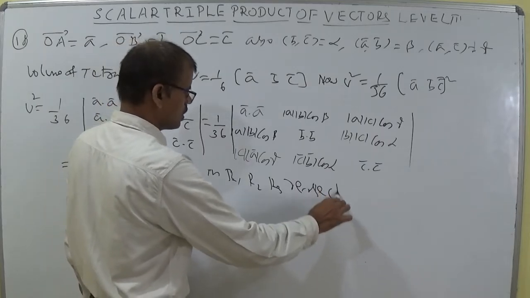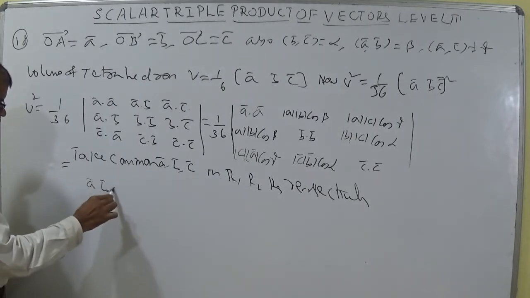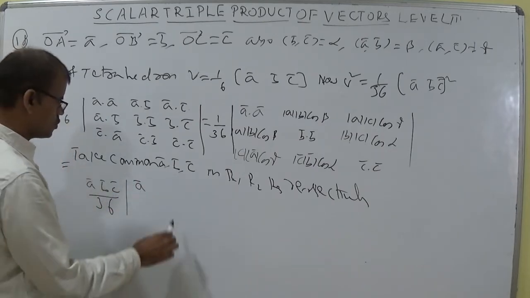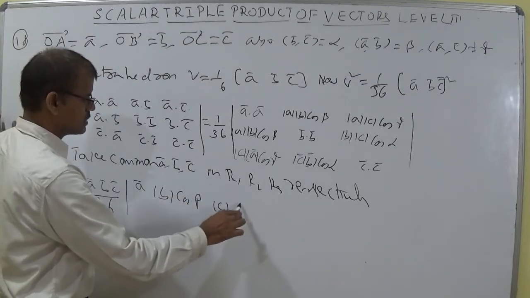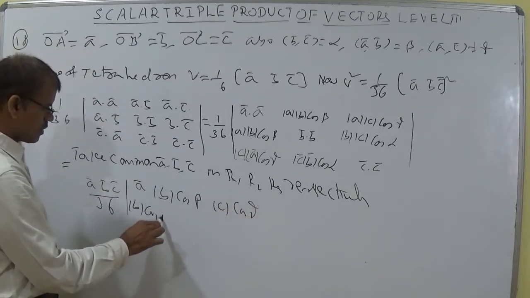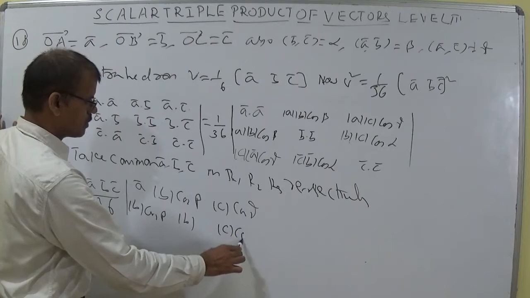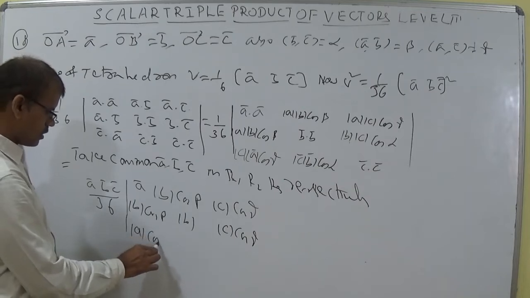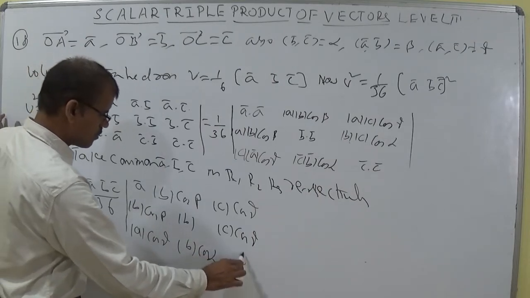Now you can write A bar, B bar, C bar whole by 36 into the determinant: leave A, then mod B cos beta, mod C cos gamma; next mod B cos beta, B, and C cos gamma; and here mod A cos gamma, mod B cos alpha, and simply mod C.